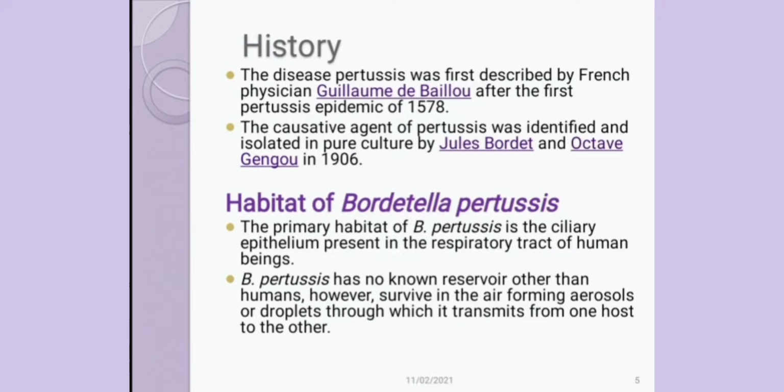The bacteria do, however, survive in air, forming aerosols or droplets. Aerosol is a suspension of fine solid particles or liquid droplets in a gas or air, for example fog, dust, mist.